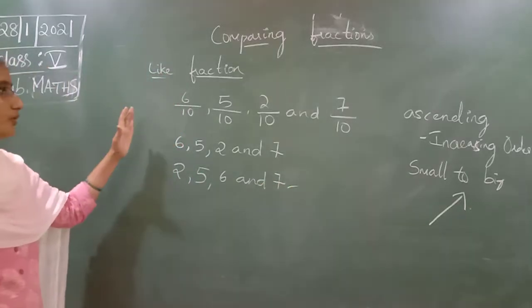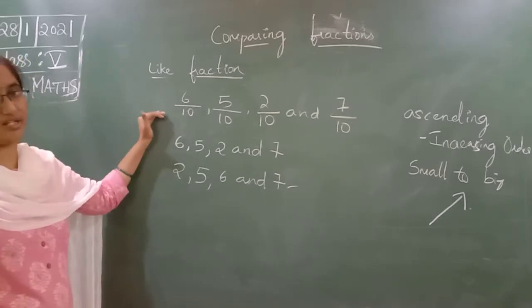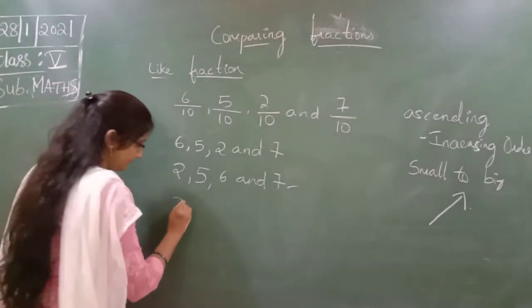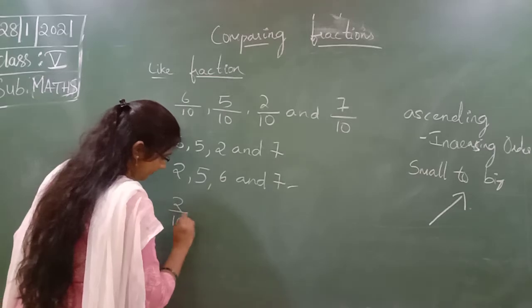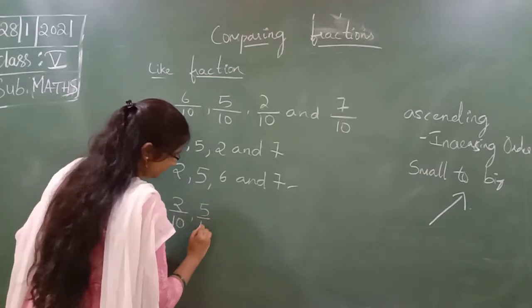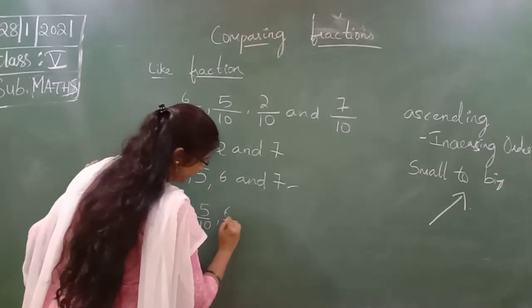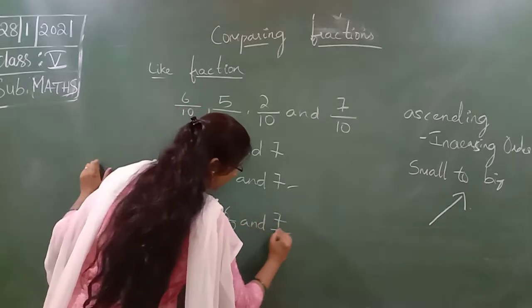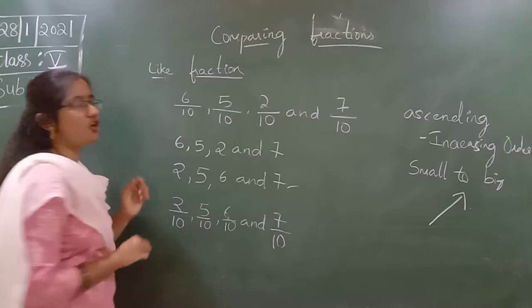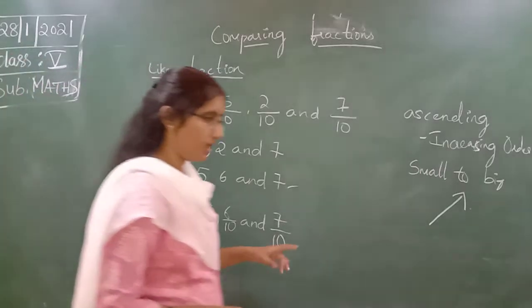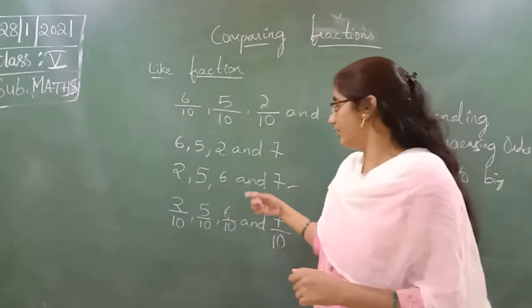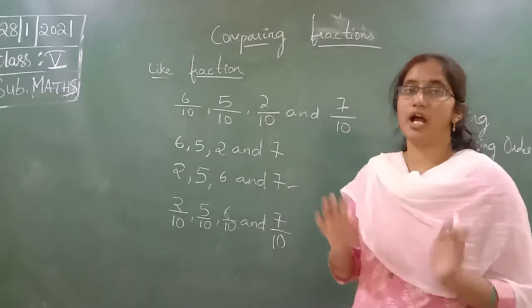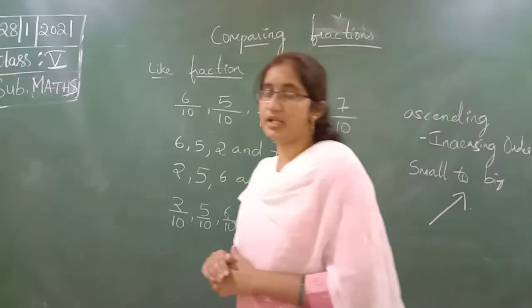Now we put the fractions: 2 by 10, 5 by 10, 6 by 10 and 7 by 10. When the denominators are the same, we compare the numerators and arrange them in the required order.